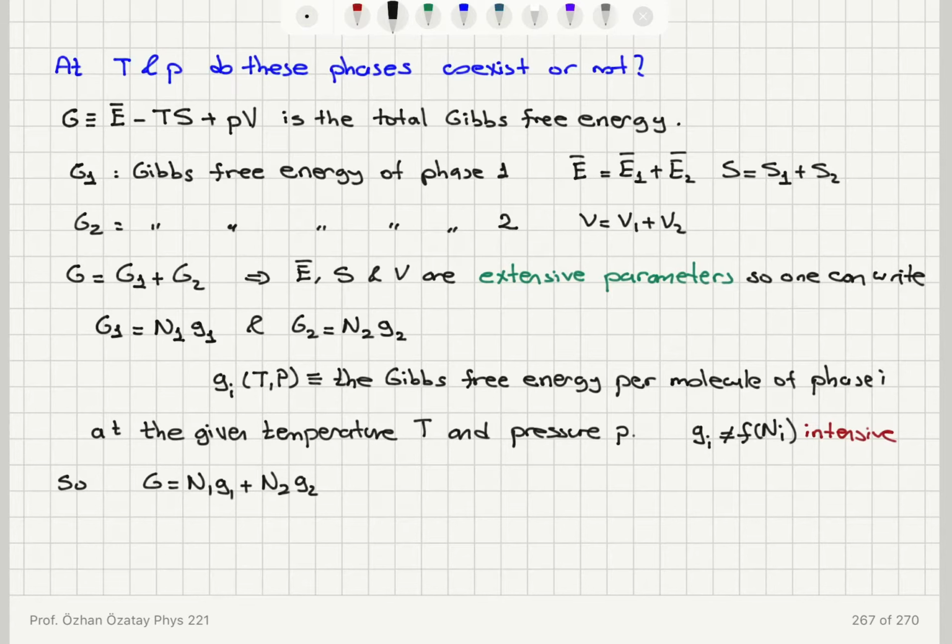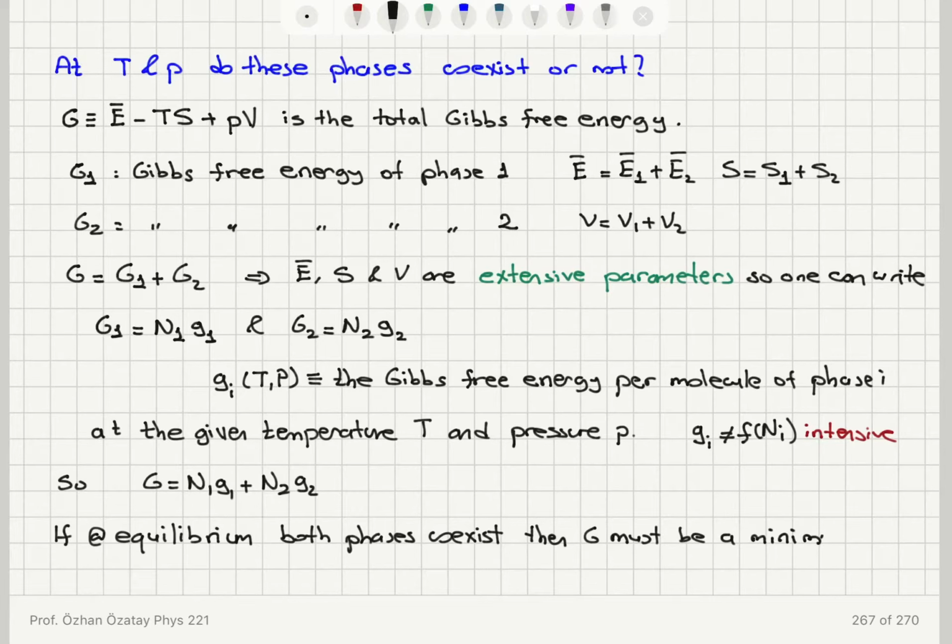Now, under what conditions will these phases coexist? Well, we would like to require that at equilibrium, the total Gibbs free energy must be a minimum for both phases to exist. So this is the condition for the coexistence. If both phases coexist, then the total Gibbs free energy must be a minimum.